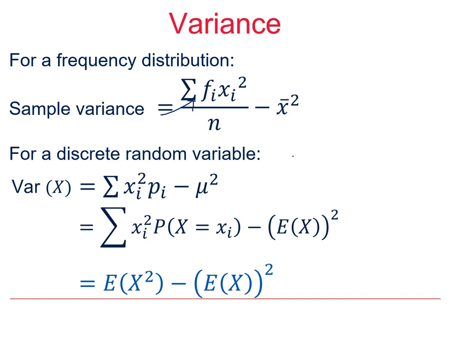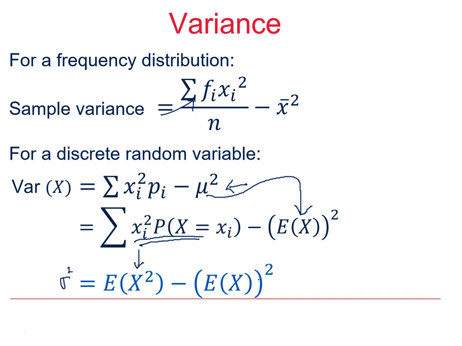But if we have a discrete random variable with a probability distribution, then we're going to find the population variance, and the formula that we got to on the previous page was this one. Remember, the mean is the same as the expected value of x, and this first expression here, sigma x squared multiplied by the probability x takes that value, is the same as E(x squared).